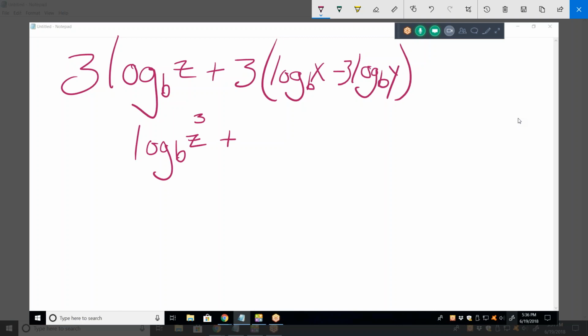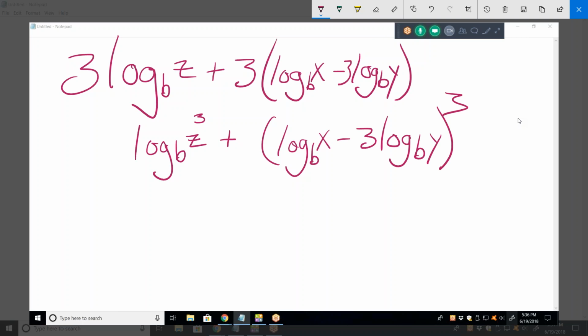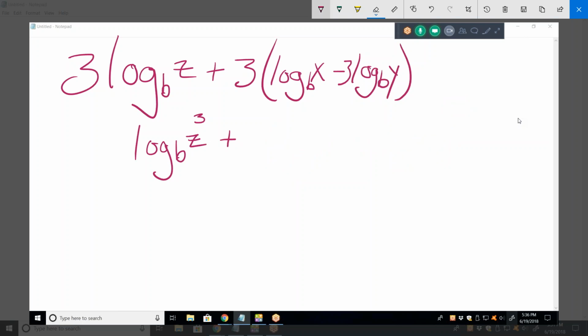So I should distribute the 3. That's the correct way to do it. If you do it by moving up the first 3, that'll mess it up. Then we have to cube that, and that's not going to be easy to cube. That's a lot of algebra. So, is there a better way to do it? Yeah, it's to distribute the 3 first.